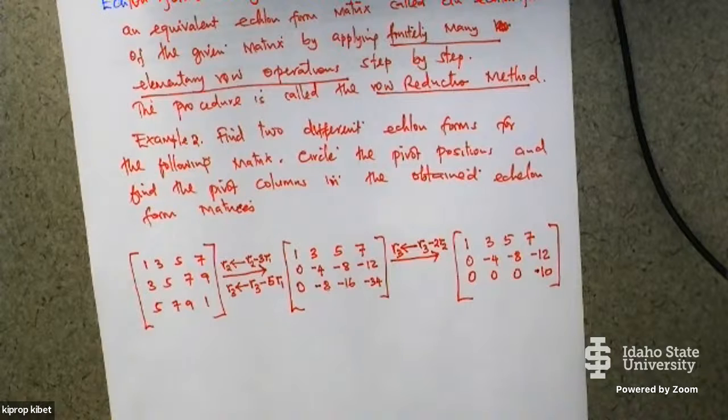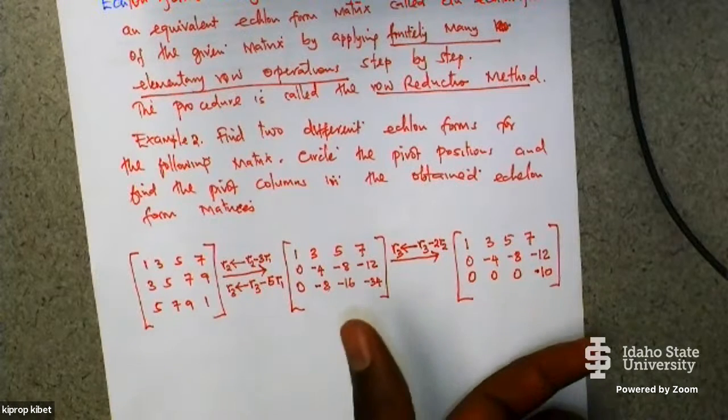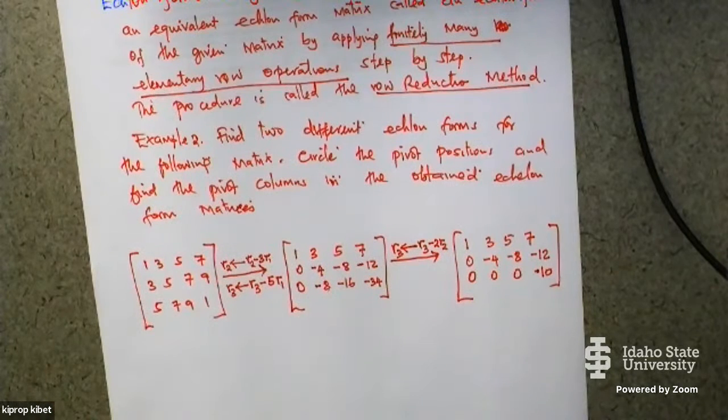Now, we can see from here that this has now been reduced to echelon form. It says find two different echelon forms, so this is the first one.